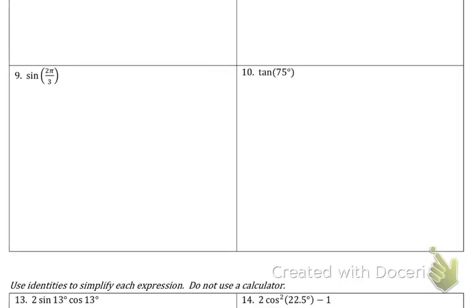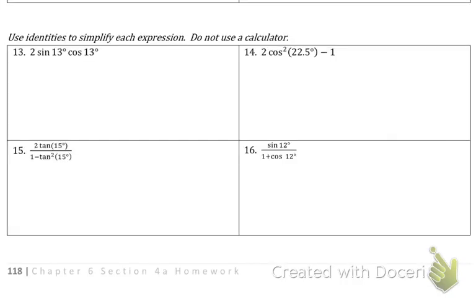What's 14 asking me? 14 says 2 cosine squared of 22.5 degrees minus 1. We did need to recognize that this was a double angle, but backwards. So if I go ahead and take a picture real quick and erase that line I just made and wait for those pencils to get sharpened.